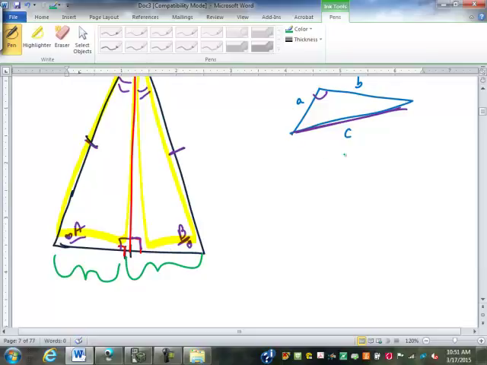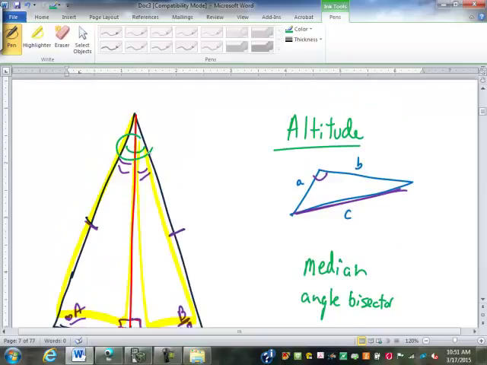It's called a median; it cuts that opposite side in half. It's also what we call an angle bisector, because it cuts this angle in half. These two angles are equal, and they're each exactly half of the original angle.